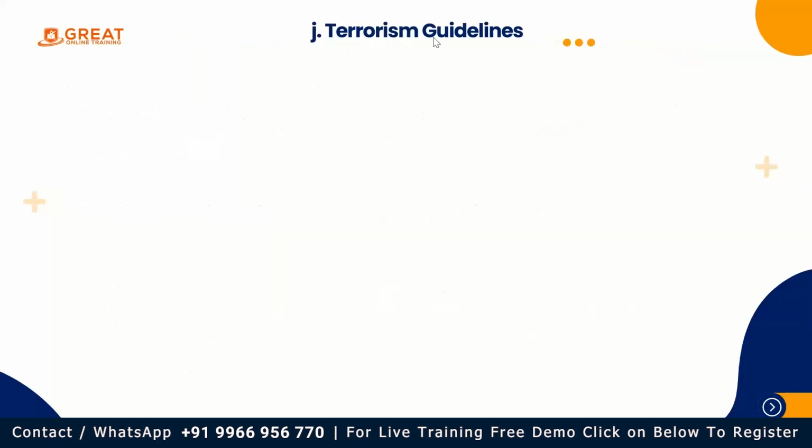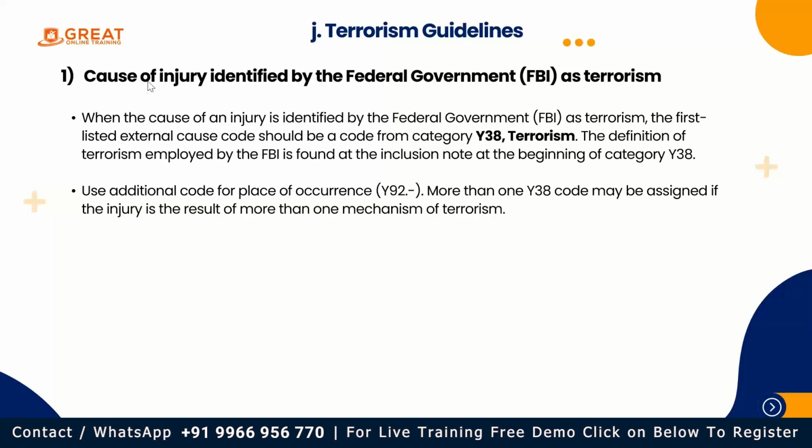The next, terrorism guideline. First guideline: cause of injury identified by federal government (FBI) as terrorism. When the cause of an injury is identified by federal government (FBI) as terrorism, the first listed external cause code should be a code from category Y38. Y38 category is for terrorism. Okay?